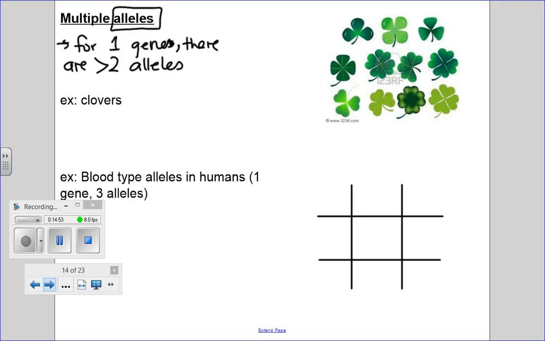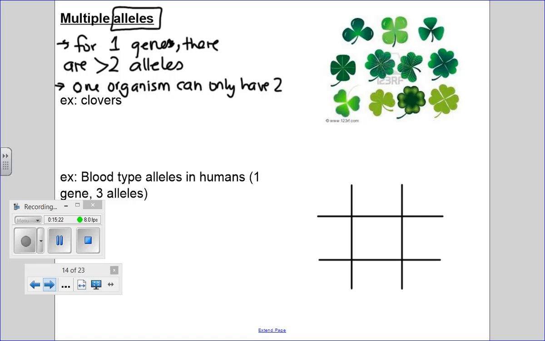Either there was a dominant or a recessive, and that was it. But for a lot of genes, there are more than 2 choices. One organism can only have 2. So there might be 15 choices for alleles.